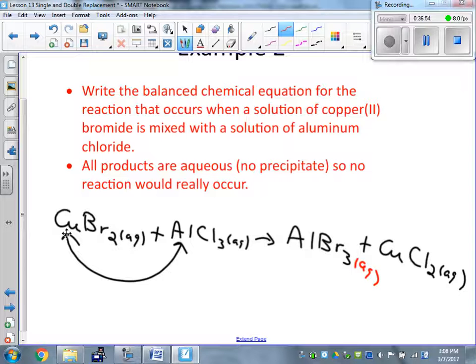Okay, so balancing though, copper, so that's good. Br2, Br3, that's not good. Okay. 2 and 3, when you run into that problem, we got to switch the numbers around. We got to make the lowest common multiple. So I need to make 6 on both sides. So I'm going to put a 3 here. So that's 6 BRs. And 2 times 3 is 6 BRs.